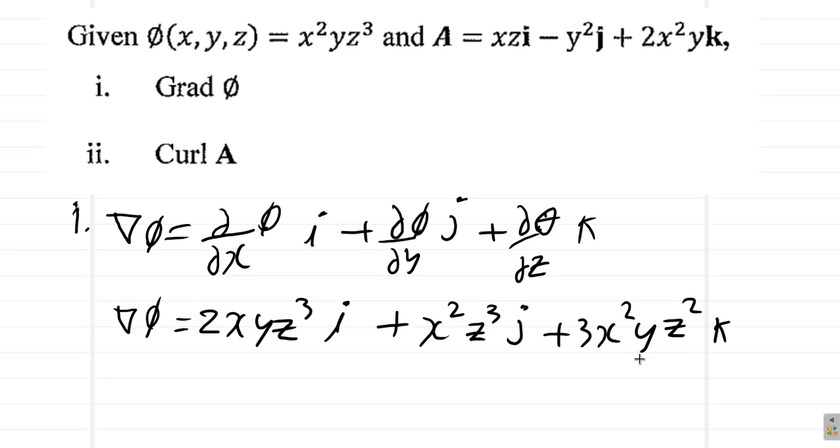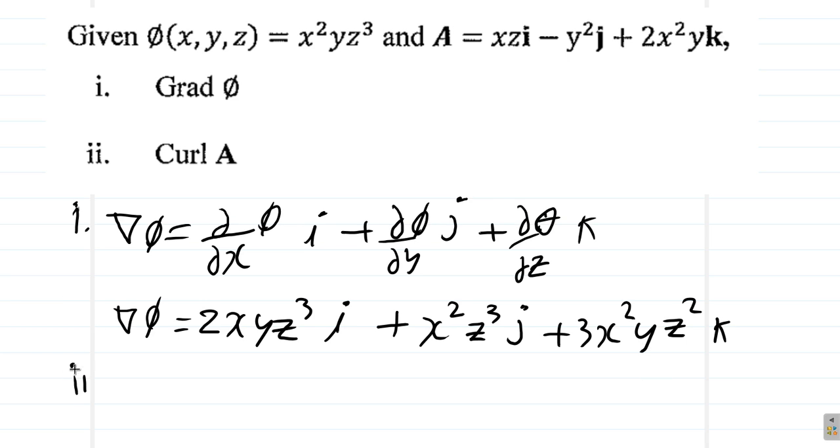So you see that if you're asked for it at a certain point, you would substitute the first value for x, the second value for y, and the third value for z, given the coordinates of a certain point. Alright, so that's the grad.